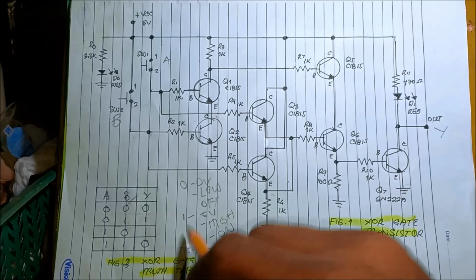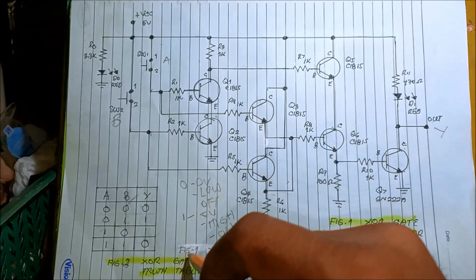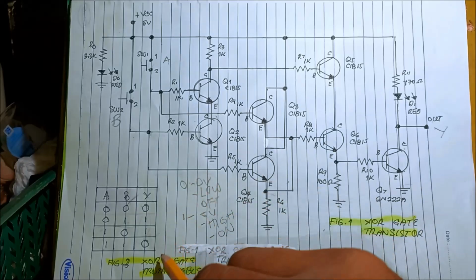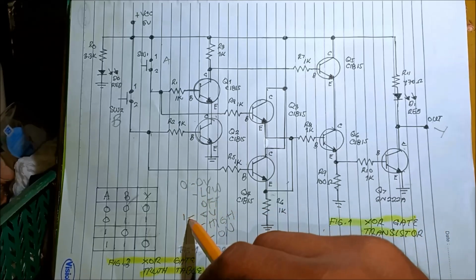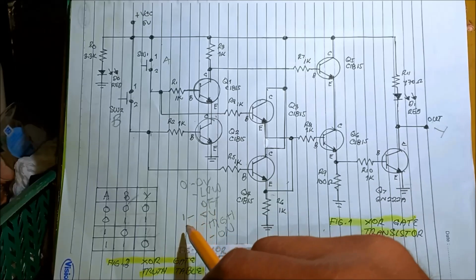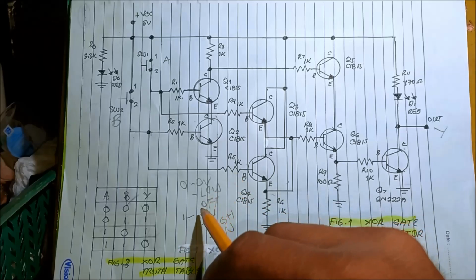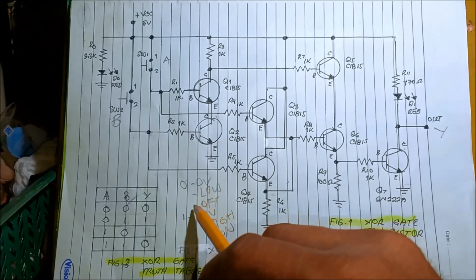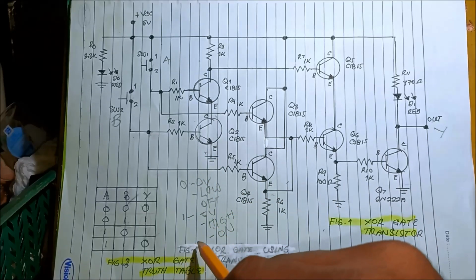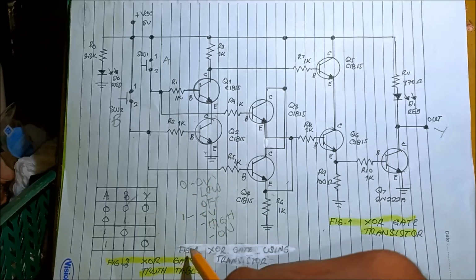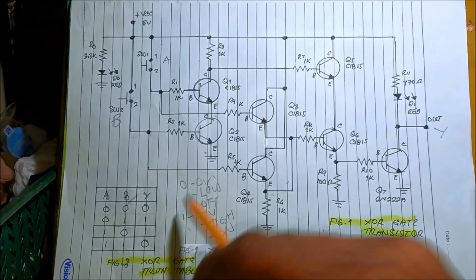This XOR gate is used to design an integrated circuit, or to design a computer or any digital circuit. So we are only dealing with 0 and 1, binary numbers. Because in digital electronics, it's either low or high, on or off, 5 volts or 0 volts, just logic level 0 or 1.